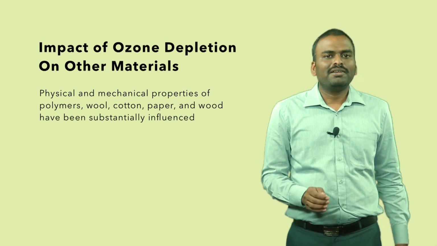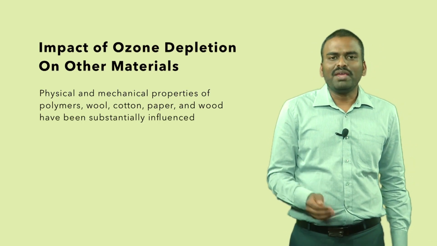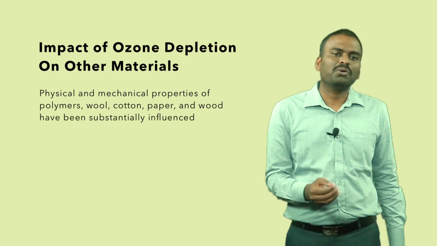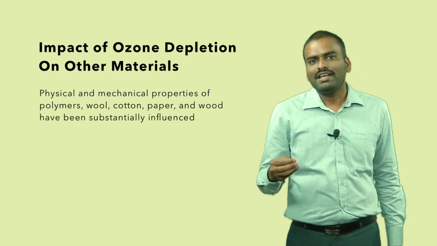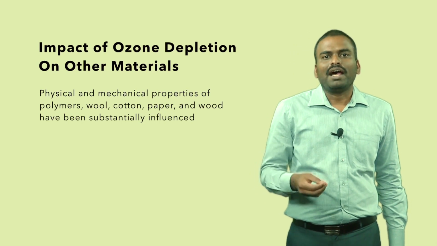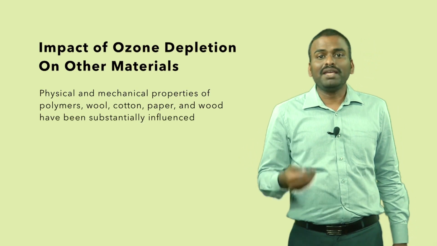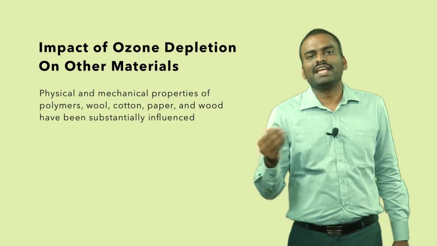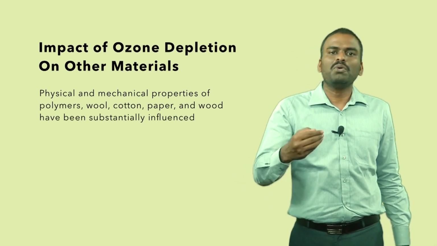But the scientists have realized the problem, which may be a problem for plastic related items. So, they have developed plastic substances which may bear the ozone depletion problems. That means the ultraviolet radiation may not cause any problem to the plastics which may be susceptible to the ozone depletion.